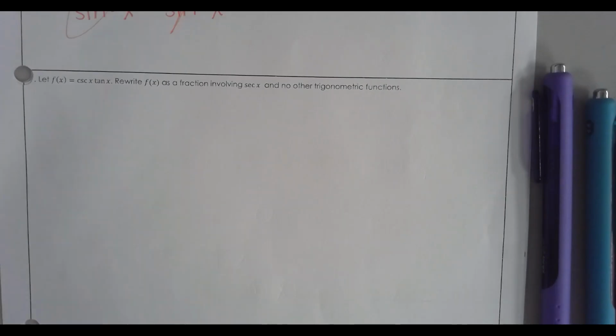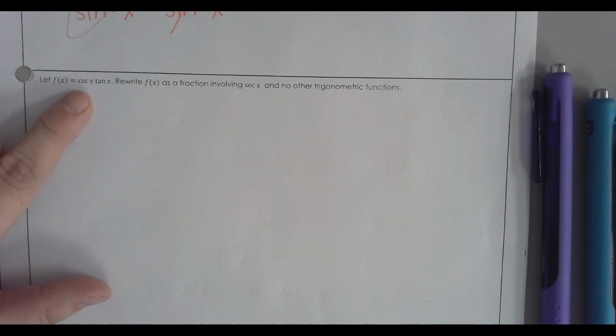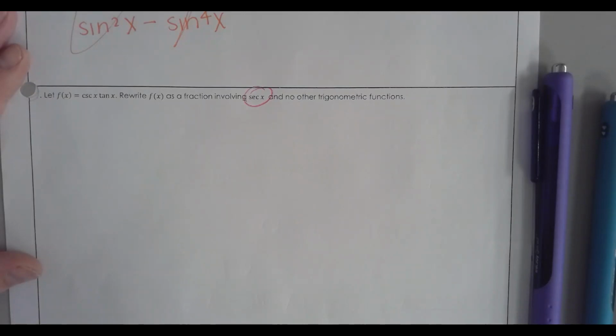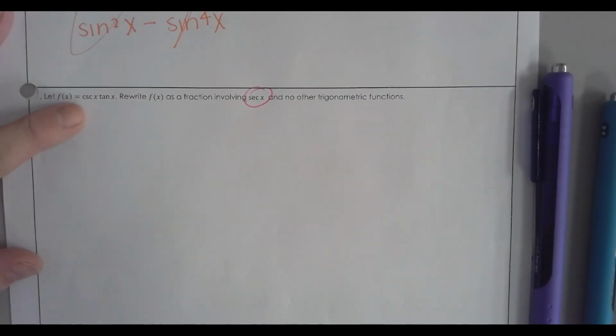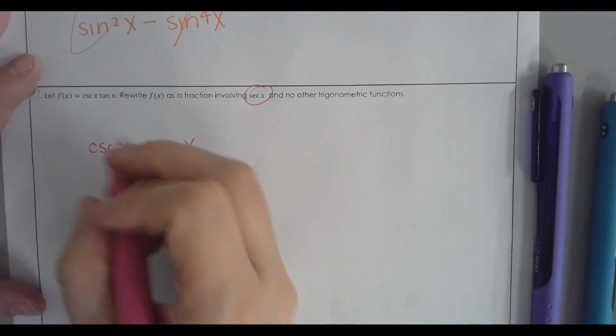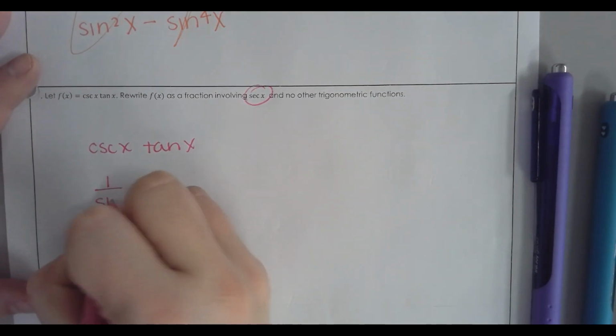Alright, next one, involving secant. Cosecant, let's see if we can do this one. Cosecant tangent x. Cosecant is 1 over sine.